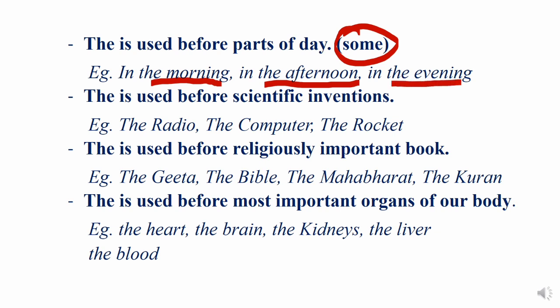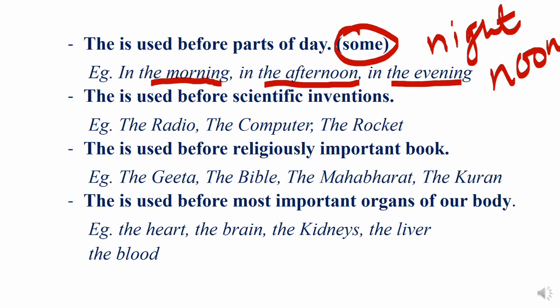In the evening we use the before evening also, but we do not use the before night, and we do not use the before noon also. Okay, we don't use the before night and noon, but we use it before morning, afternoon, and evening.